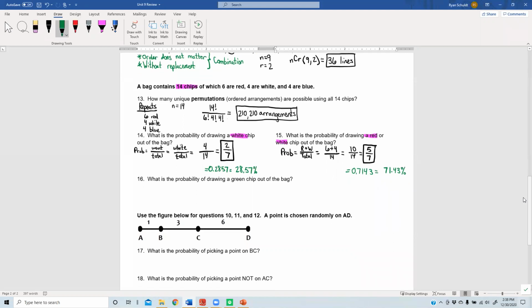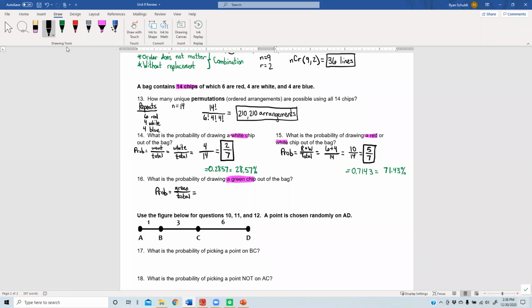Now, we're still not through with this information. The last one asks us, what's the probability of getting a green chip out of the bag? So we want the probability of green over the total. Now, do I have any green?